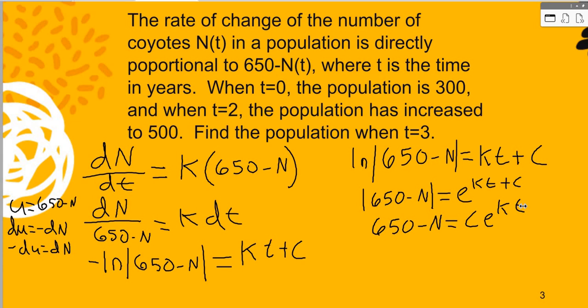Yes, no, maybe. Okay, last step, I still need to solve for n. Because again, I'm trying to make a function or an equation where I can plug something in for t. Yes, that's my goal. So what do we need to do to solve for n? Minus 650. Okay. And then?